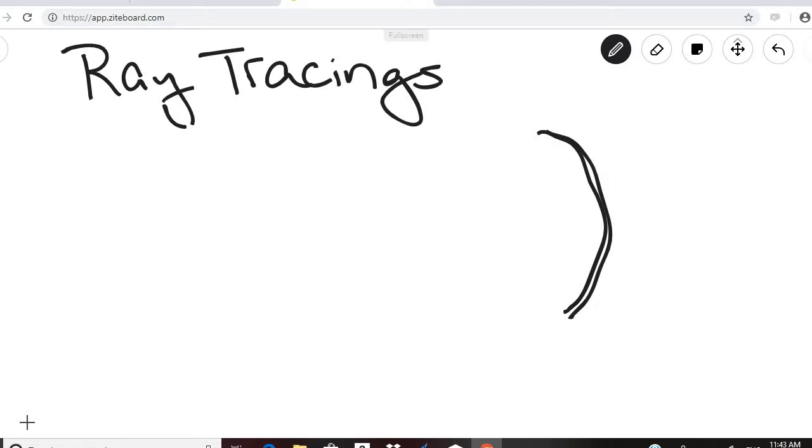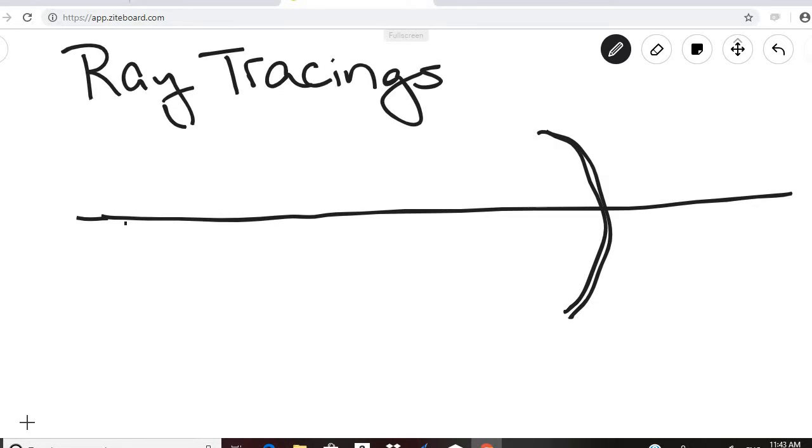First of all, to make a ray tracing, you're going to draw a line through the middle of that spherical mirror. And we know where the focal point is if we know the radius of curvature of the mirror.